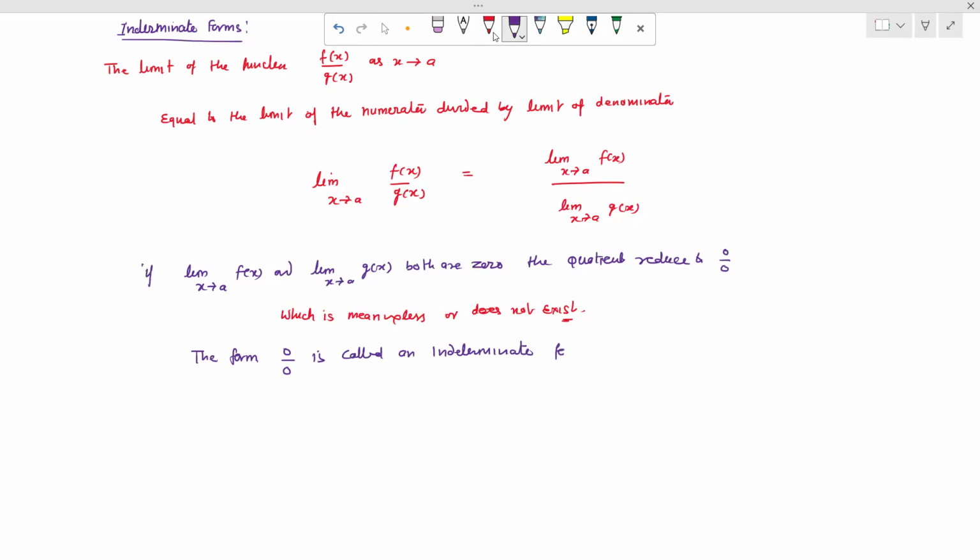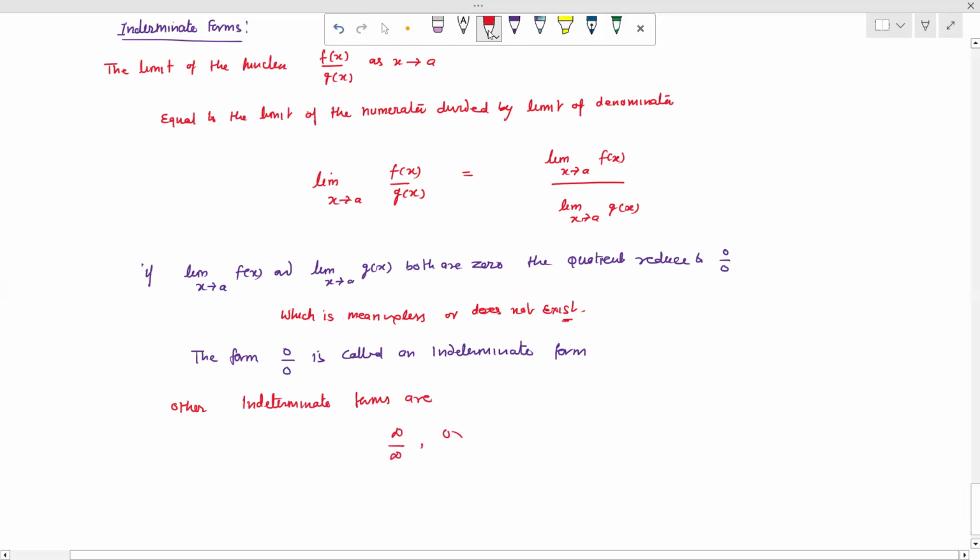Other indeterminate forms are also there: one is infinity upon infinity, second 0 into infinity, third is infinity minus infinity, 0 raised to the power 0, infinity raised to the power 0, or 1 raised to the power infinity. So these are the indeterminate forms.